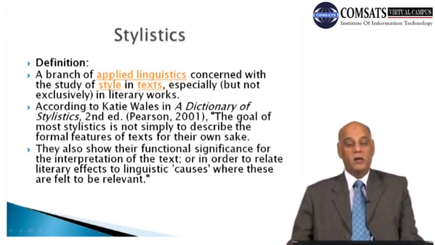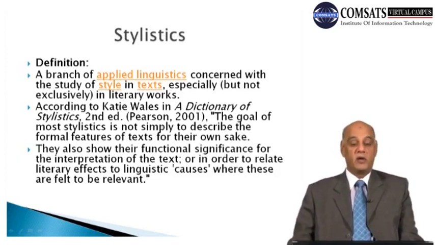But especially when you analyze a literary work, what is there in it, how it has been written or produced, or what devices have been used in it, then you are talking about stylistics. So not exclusively, but especially being used to analyze literary texts.